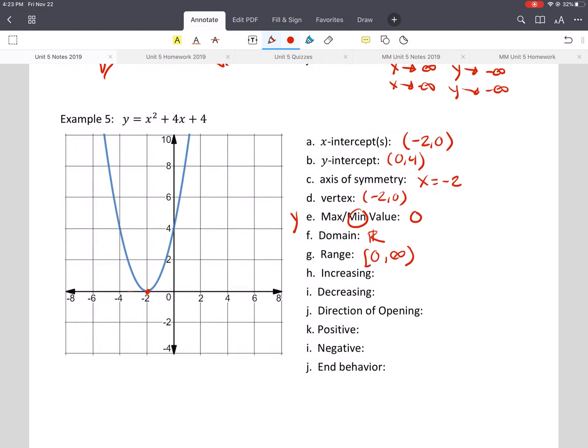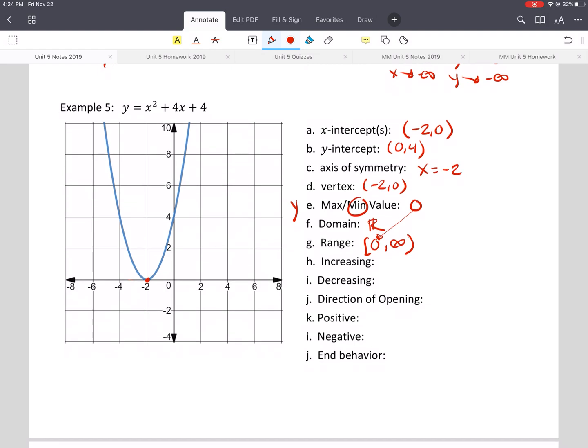I mean, there's lots of things that you can kind of see, like these relationships, like the minimum value is one of your values in your range, and you'll see some of the x-intercept stuff will be in other places. Anyway, a lot of these numbers you write the same things. We're just putting them in different locations.